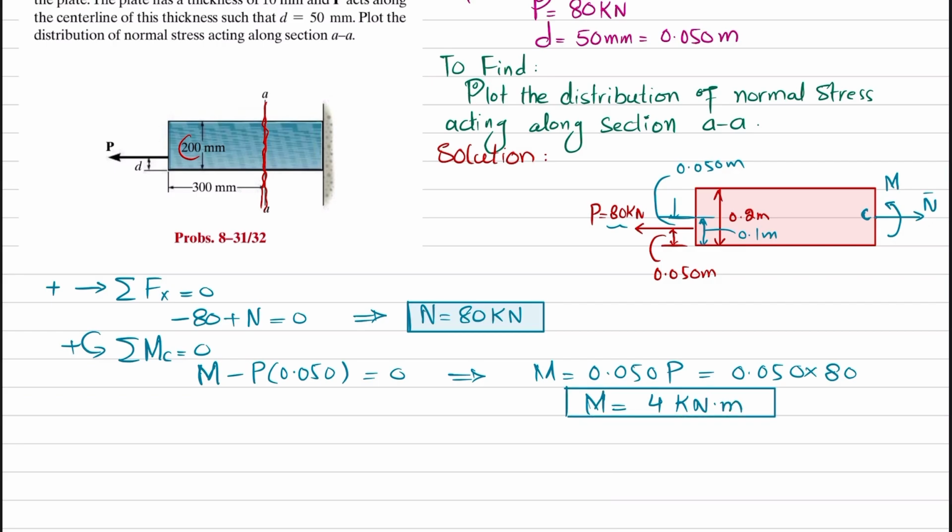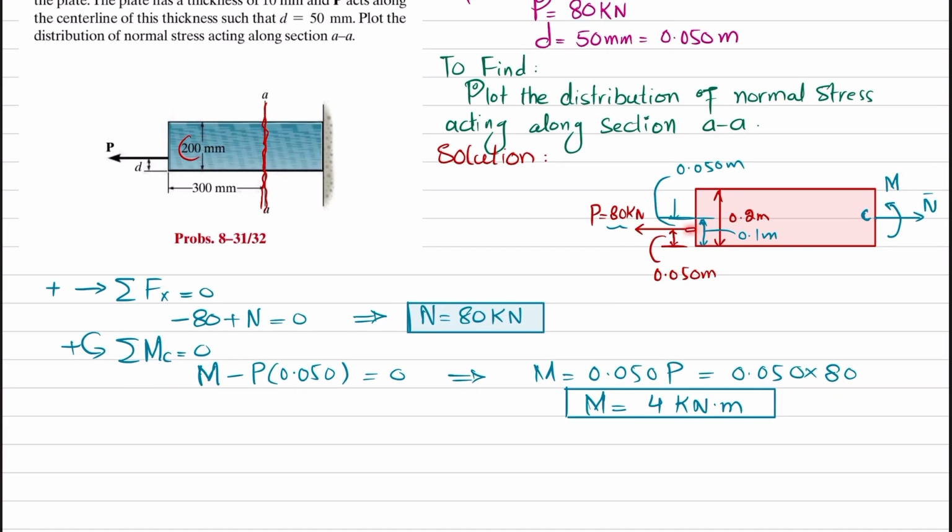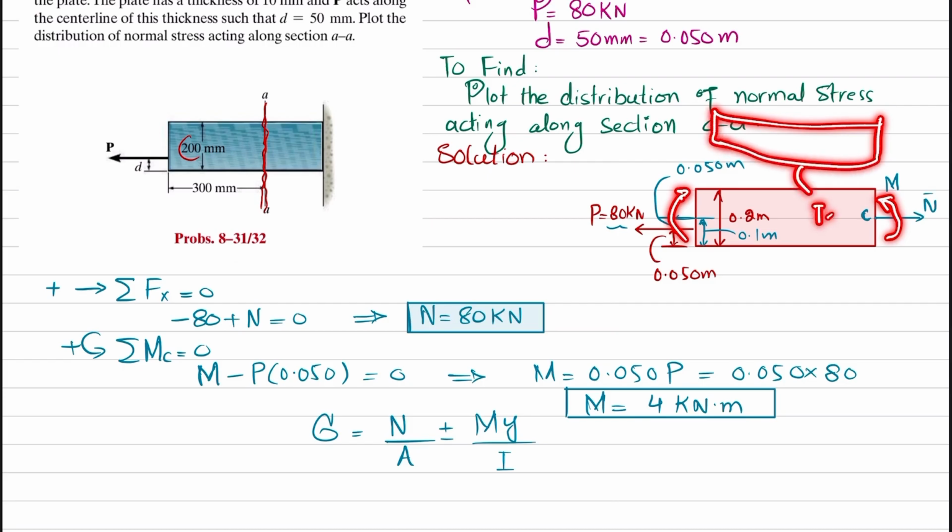You can see that this is a case of combined loading where you have an axial load, clear, and you will have a moment as well, clear. The axial load produces normal stress, and this moment will produce bending stress. So your stress will be equal to N by A, which is the normal load, plus or minus the stress produced due to the bending moment, My divided by I. Now due to this moment M, the beam will bend like this. So the lower portion will be in tension while the upper portion will be in compression.